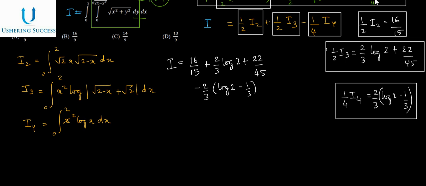So minus 2 by 3 log 2 plus 2 by 3 log 2 would cancel out, and this becomes 16 by 15 plus 22 by 45 plus 2 by 9.